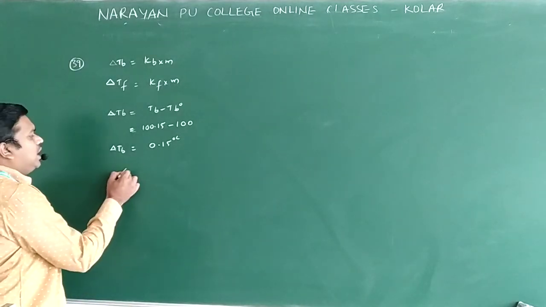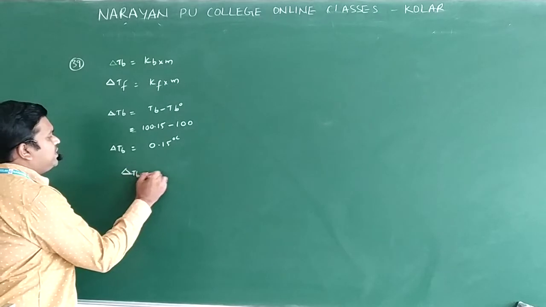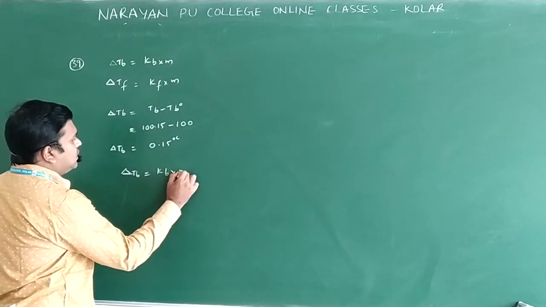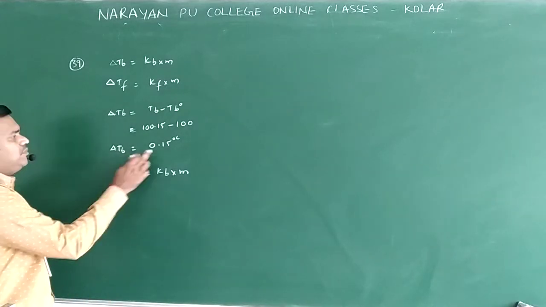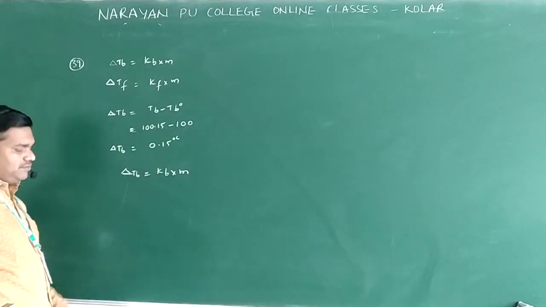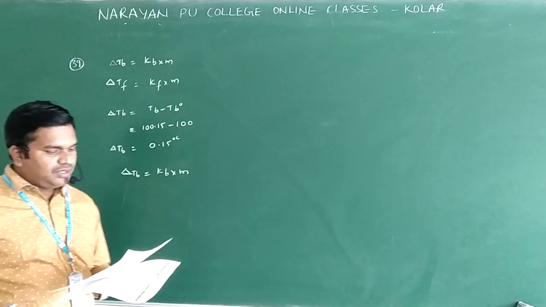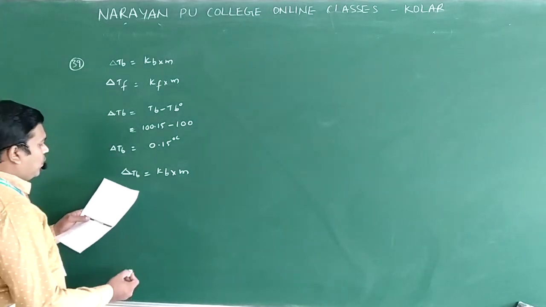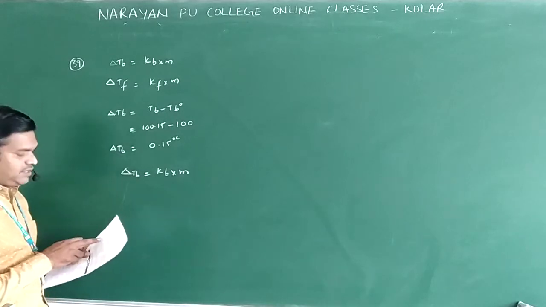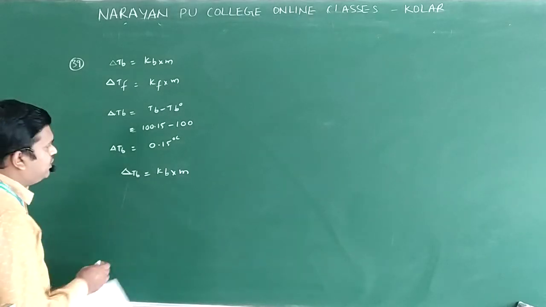What is the formula we have? Delta Tb is equal to Kb into m. Clear? Delta Tb you got 0.15. In the problem, Kb and Kf for water are given. What is the Kb value given? The Kb value given is 0.512.